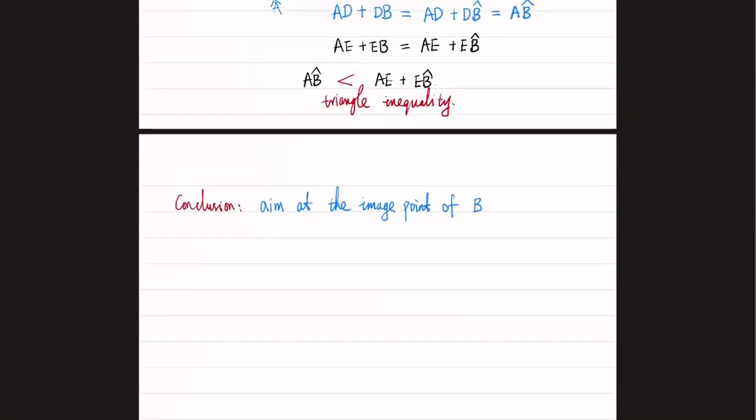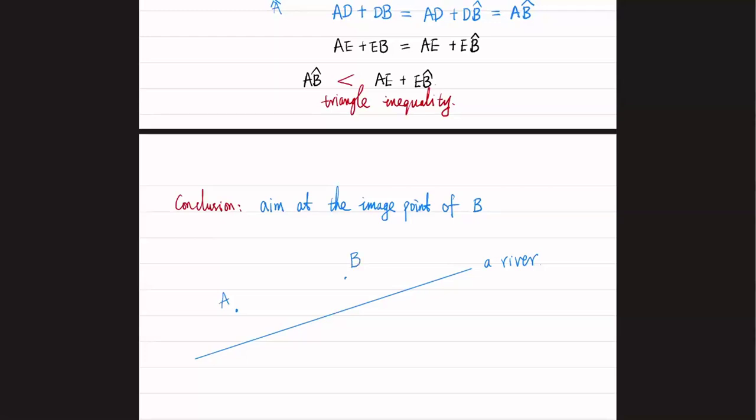Okay, a slightly different setting. Suppose we have a river. Okay, so this represents a river. And we are riding a horse. We want to move from one point to another point on the same side of the river.